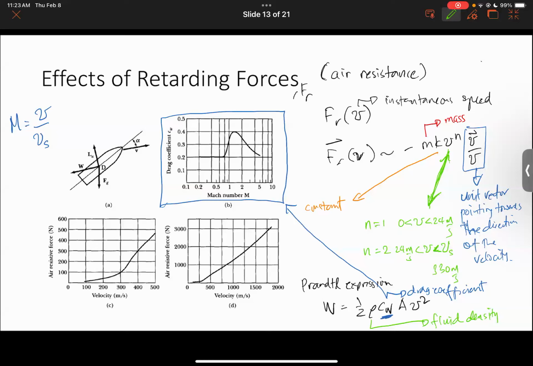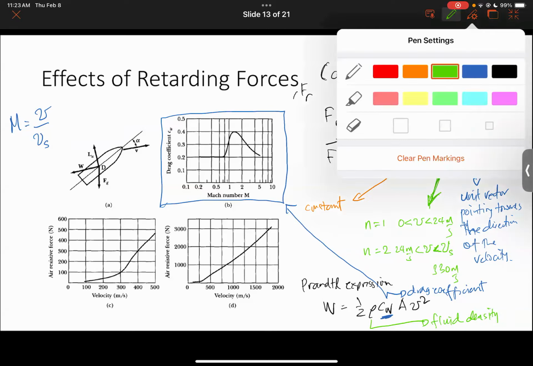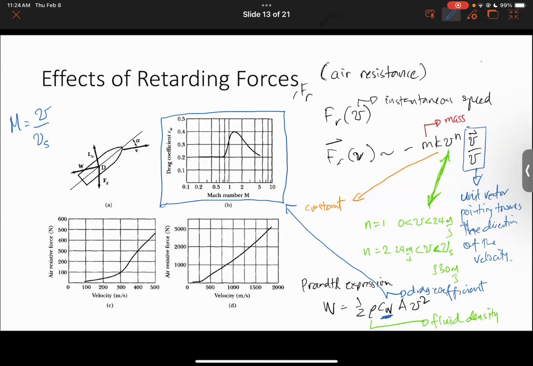Okay, and makikita natin yung effective na air resistance from these two graphs. Okay, so itong unang graph na ito is from 0 to 500 meters per second. So yung Mach 1 is somewhere here. Okay, so nandito yung Mach 1. Okay. Just for your reference.